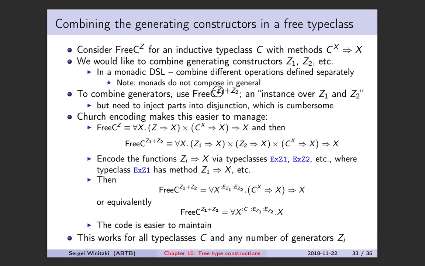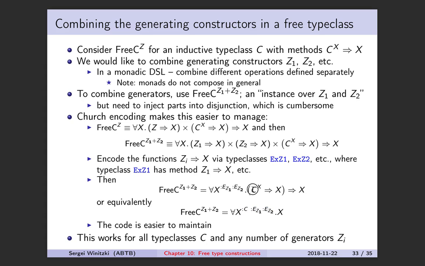I show why that is equivalent to taking a disjunction of the generating constructors and constructing a free type class instance over that disjunction. I show how the church encoding gives us a way to encode very easily and concisely a free type class instance over any number of constructors and for any inductive type class.